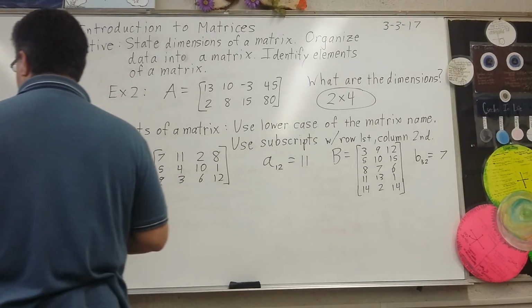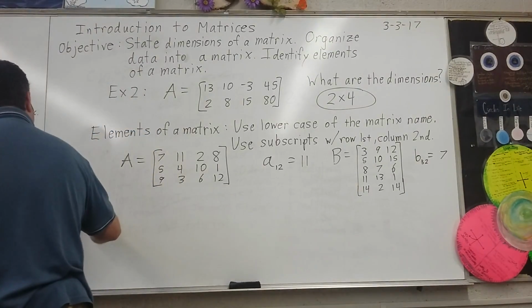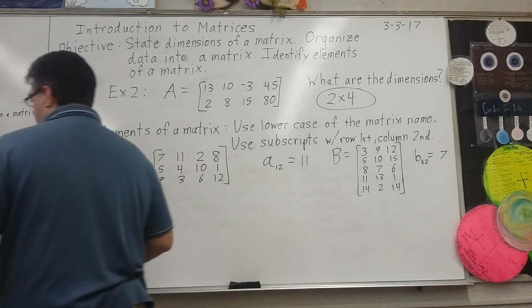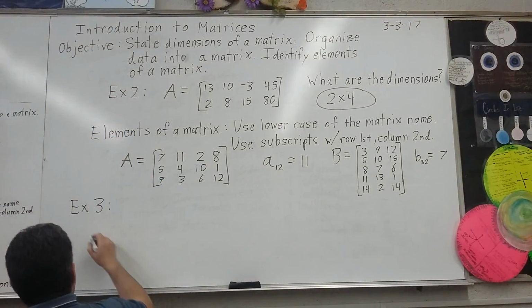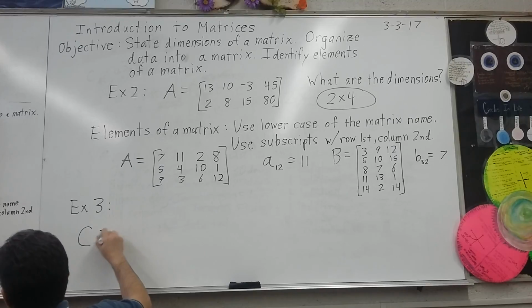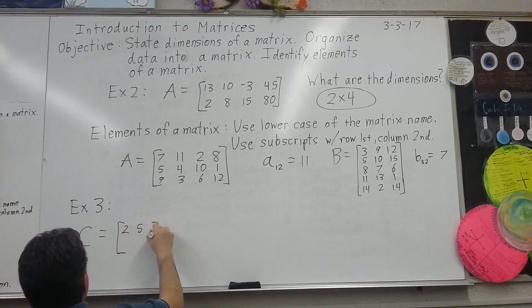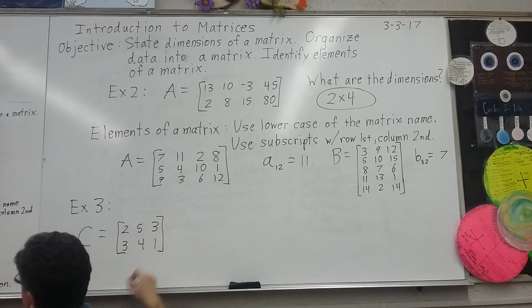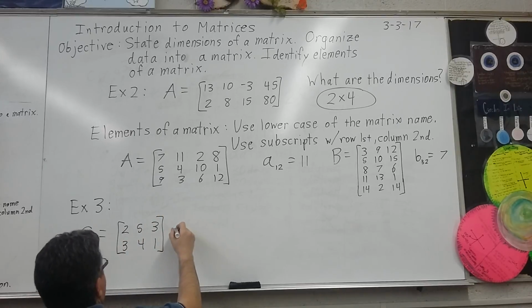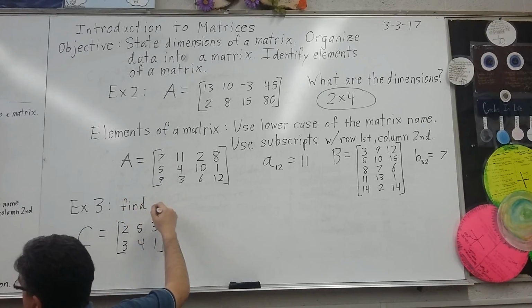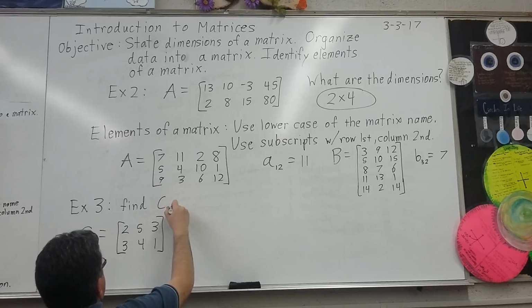Okay. Let's have an example here. This will be example 3. Let me give you matrix C as 2, 5, 3, 3, 4, 1. And let me ask you to find C sub 2, 3.